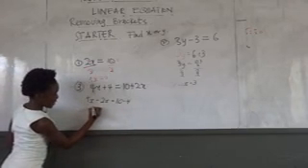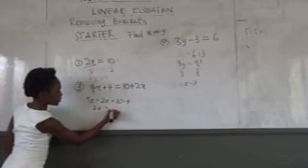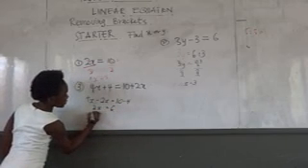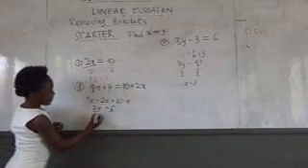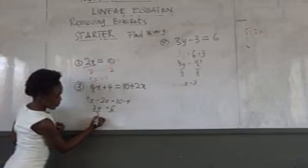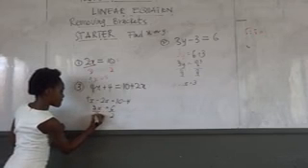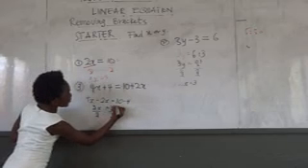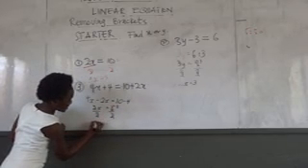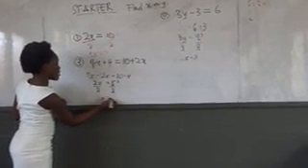Then we subtract, so we get 2x equal to 6. We divide both sides by the coefficient. The coefficient is 2. Then we cancel. 2 times 3 is 6. Therefore, our x is equal to 3.